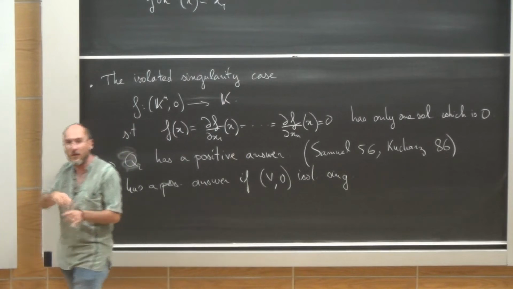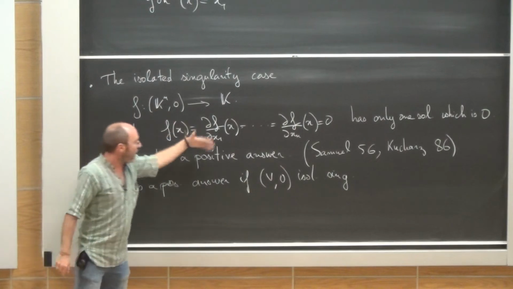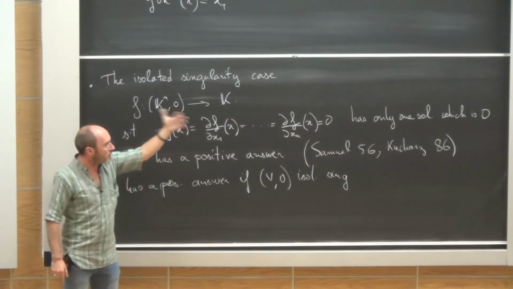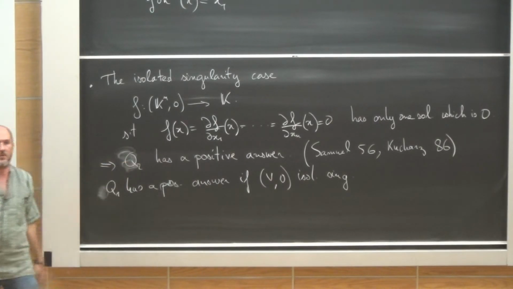I mean that locally, at any point of V different from the origin, V is a smooth manifold, except maybe at the origin. This can be written also as some vanishing of the differential of the equations defining V. Okay, and the proof is more or less the same for question 1 and question 2.